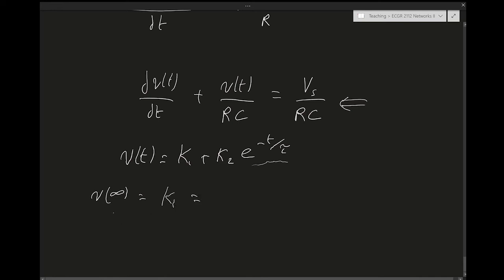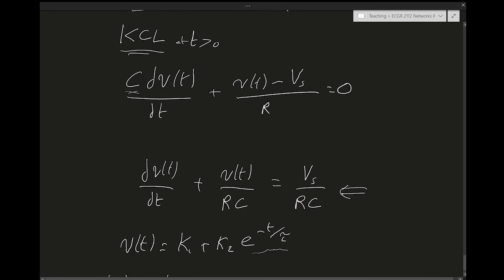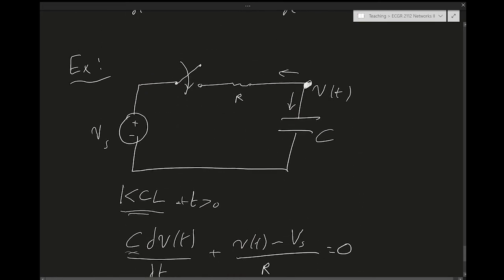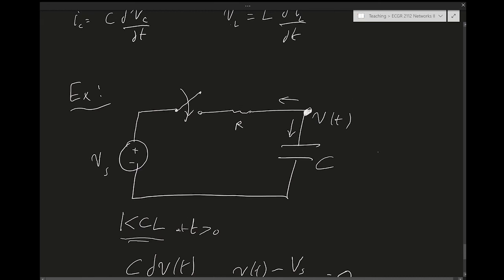But I know what V at infinity is. At steady state, and this is a common fact that you have to be aware of, from the voltage-current relationship of the capacitor, IC equals C dVc by dt.